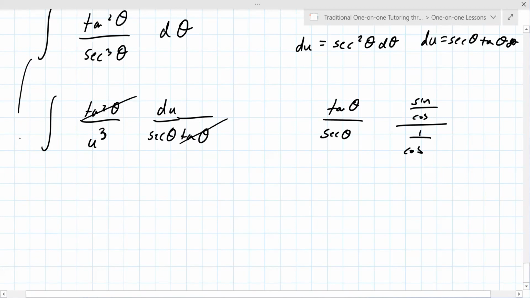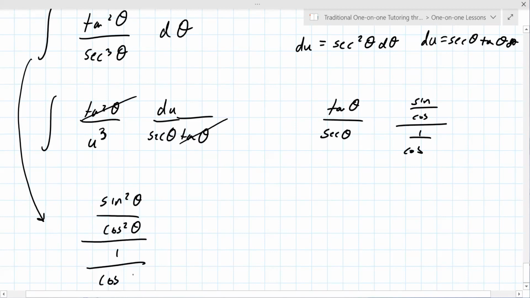This could have been sine squared theta over cosine squared theta over 1 over cosine cubed theta. That would get rid of those two, get rid of that. So this ends up being sine squared theta cosine theta.